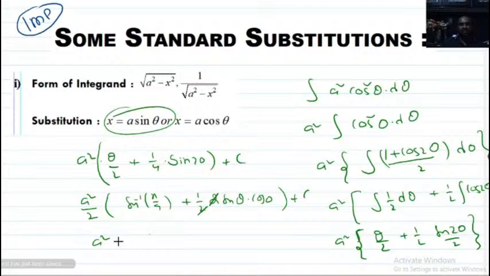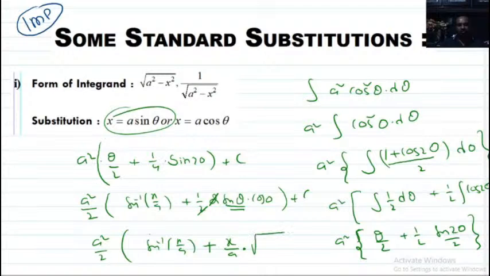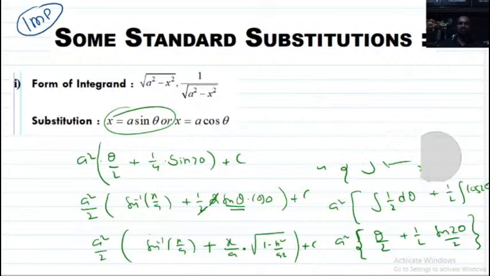So finally a square by 2 times sin inverse of x by a plus sin theta, which is x by a, and cos theta, which is root over 1 minus x square by a square, plus c. Listen students, this is a difficult one.